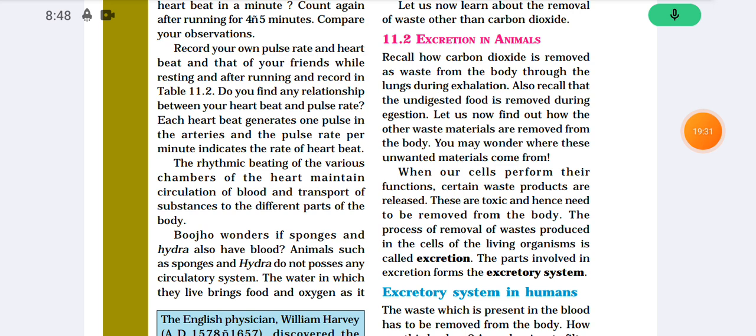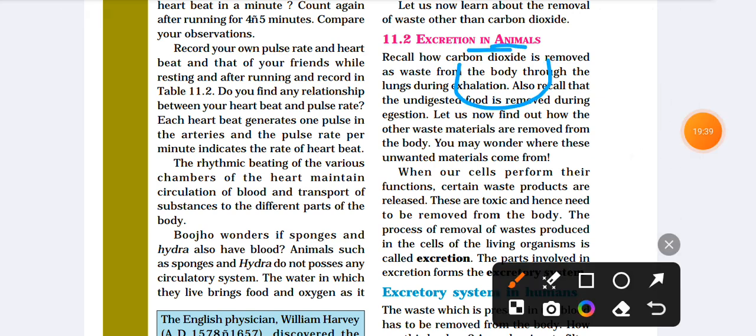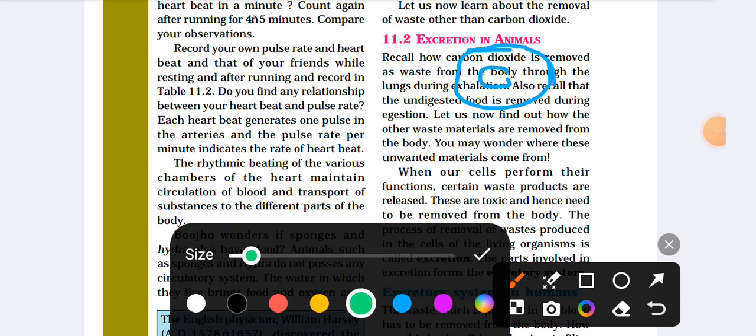Now, do sponges and hydra also have blood? No, these animals do not possess any blood because these are unicellular organisms. The water which they live in provides them with what they need.